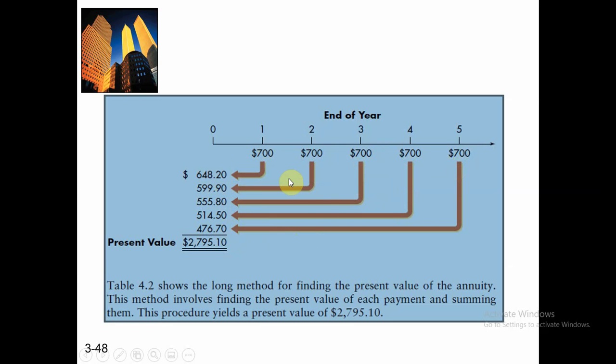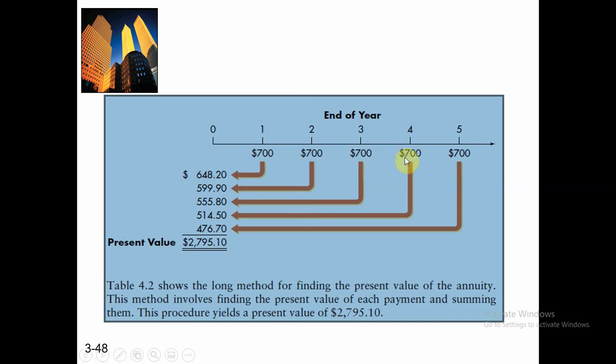There is inflation in society, and over time your value decreases. This 700 is nearer to your present value, so it loses less over the time period, while this 700 will lose too much because time value of money considers time, and here the time is longer, so it will lose more value. The present value of this 700 is $476.